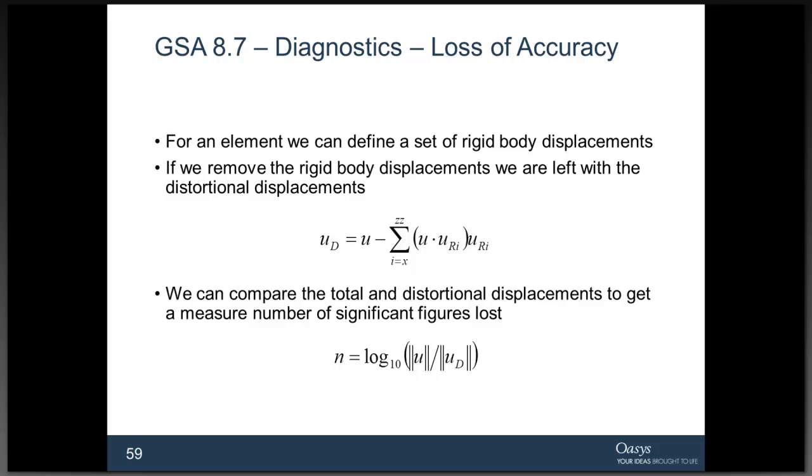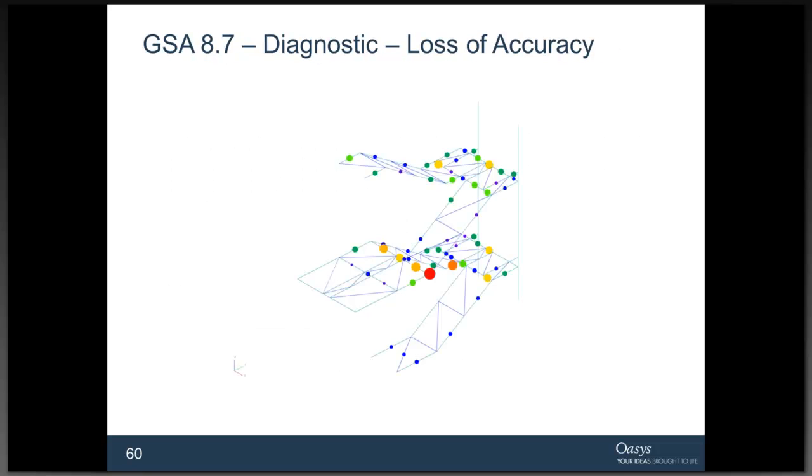Then if we take the ratio of U over UD, as we see here, that gives us the number of significant figures that's lost. And we can now contour this value on the model. So over here, the element in red signifies that we'll be losing quite a bit of accuracy in the calculation of this element.